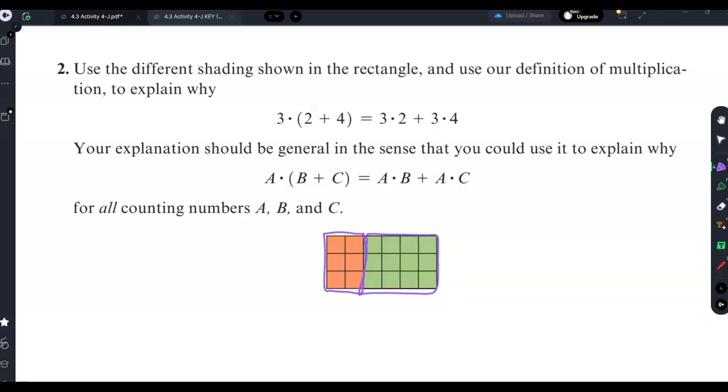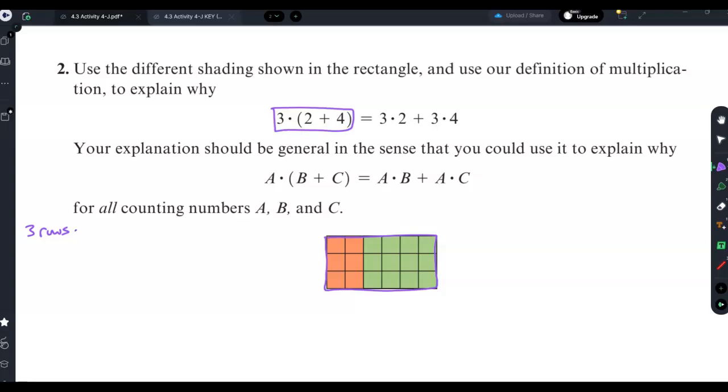There's a couple of approaches that you could take. One is you just put them together, right? We would put these two together and make one array out of these two, as long as they have the same number of rows. When you look at this first half of the equation, 3 times the quantity 2 plus 4, this is saying we have 3 rows in this case, right? Rows go across.